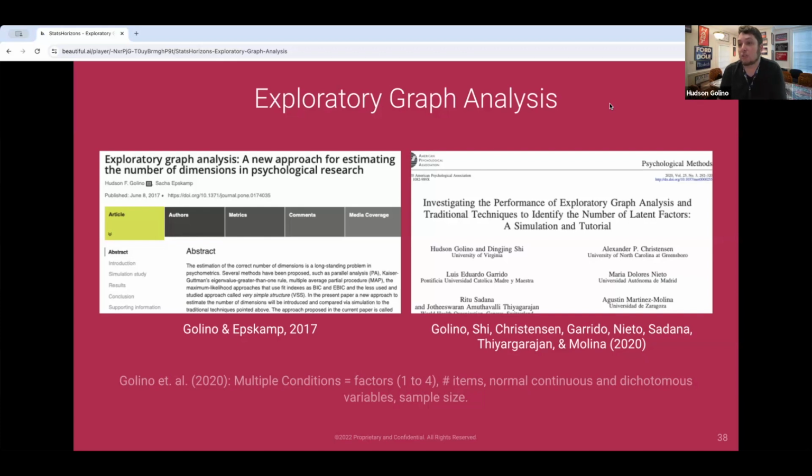And we did this stress test, and it generated the Psychological Methods paper that we published in 2020, investigating the performance of exploratory graph analysis with different types of parallel analysis techniques, something we didn't do in 2017. So that's the beginning of exploratory graph analysis.